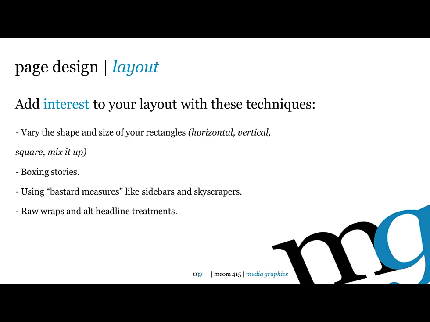We want to vary the shape and size of the rectangle. Some will be horizontal, some will be vertical, some will be squares. We want to think in some cases about putting a box around a story. And we want to think about other things like sidebars and skyscrapers and different headline treatments. These are kind of advanced for right now, but we'll see as we move along what these things mean.